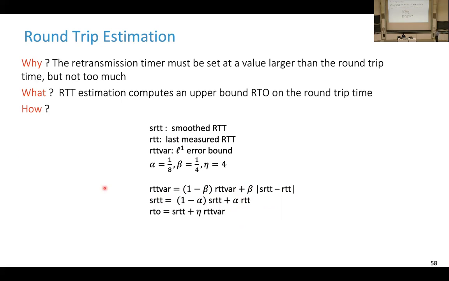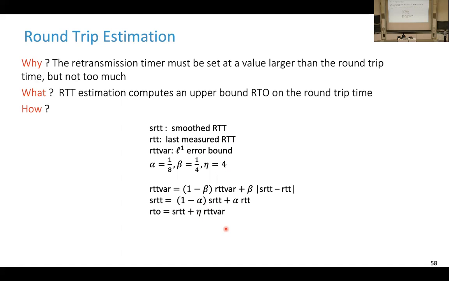And then you compute the retransmit timeout, which is equal to the smooth round trip time plus the variability of the round trip time. You see there is a factor here, eta, and eta equals 4. It means that the retransmit timeout has a tendency to exaggerate the variability of the smooth round trip time.